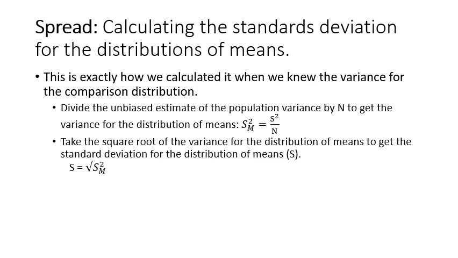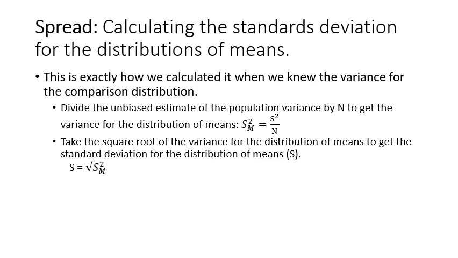Once we have the unbiased estimate because we've divided by n minus 1, then we have that standard deviation variance for the distribution of means that is unbiased, and that's what this S means, that it's unbiased. We would have sigma if it was a known population parameter. So the variance for the distribution of means is just the variance divided by n.